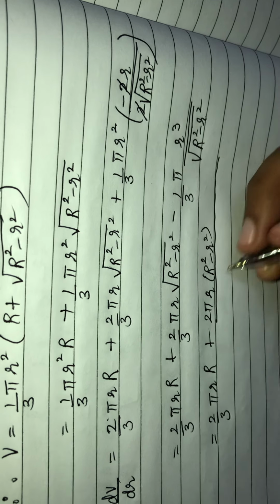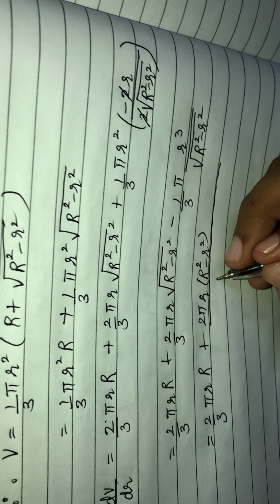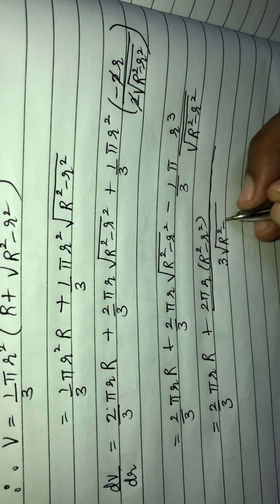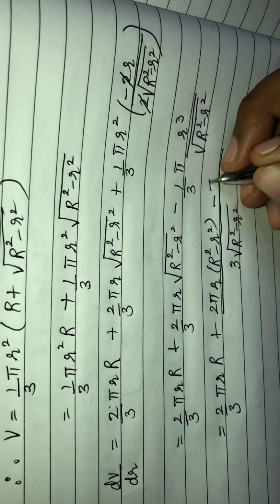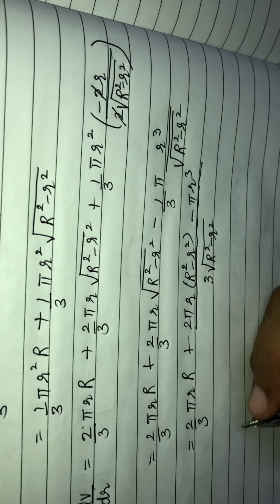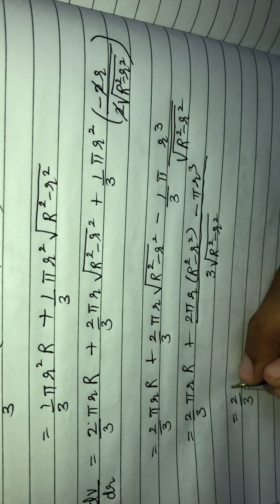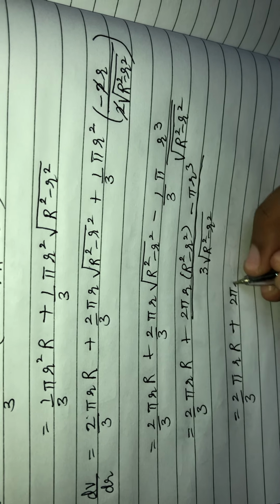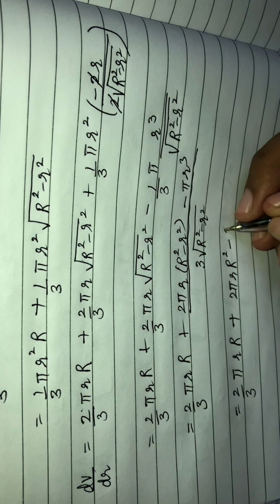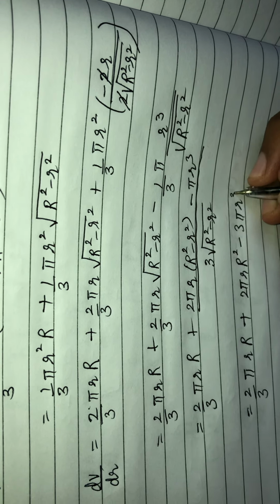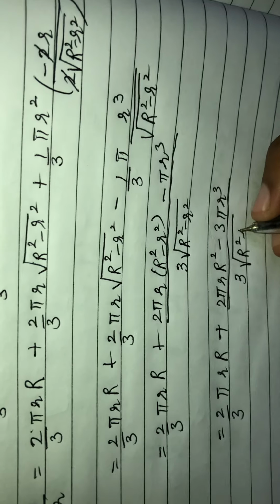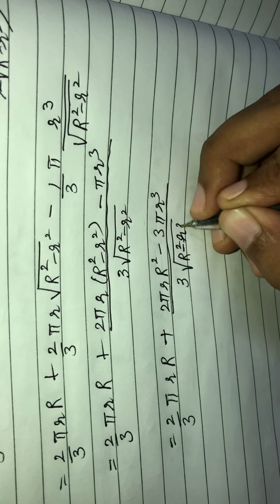So this is 3 R square minus r square, and I am getting pi r cube. So I am getting 2 by 3 pi r R plus 2 pi r R square minus 3 pi r cube upon 3 under root R square minus r square.